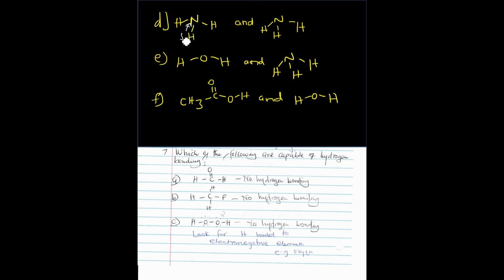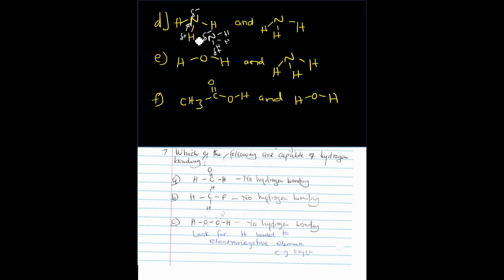But when you look at these structures, it's possible because nitrogen is electronegative. So you have a partially positive hydrogen here. If you bring another ammonia close together, because nitrogen takes electrons towards itself, it's electronegative, it's going to be partially negative. So for a second molecule, the nitrogen will be partially negative, the hydrogen will be partially positive, because these hydrogens are bonded to an electronegative element.